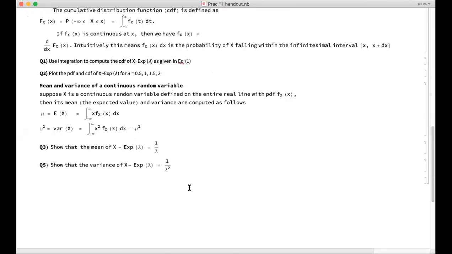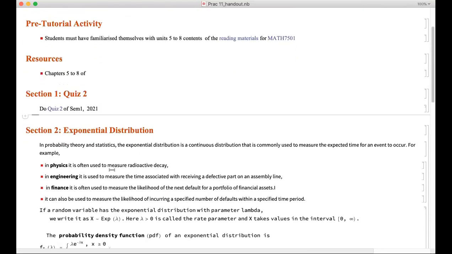Let me share my screen. Okay, the first part is in section 1, we'll go through the quiz 2 questions.